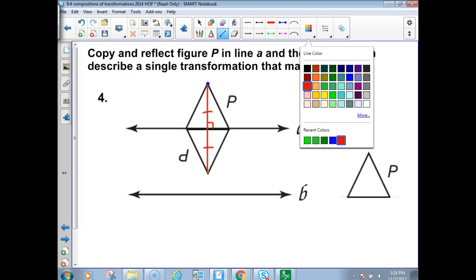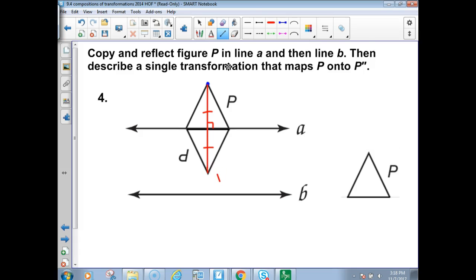Okay, we're now going to be reflecting our reflection, which is P prime. We're going to reflect P prime over line B now.